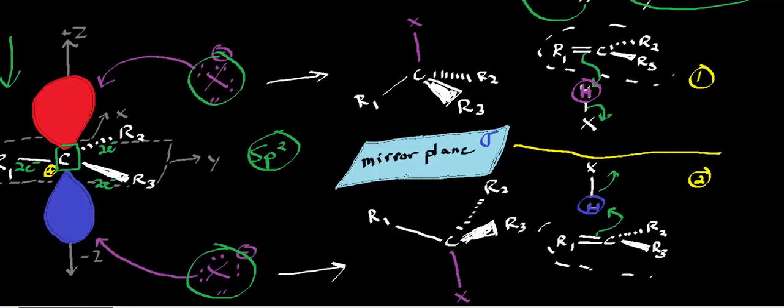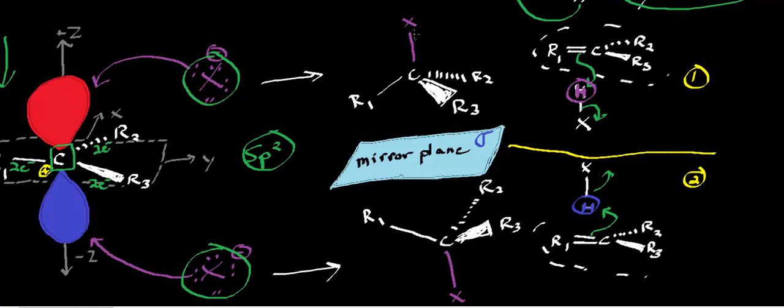When it attacks from the top, you ultimately get the halide attached right there. But if it attacks from the bottom, it attacks right here. Whatever the stereochemistry of this carbon is, say it was R, this carbon down here, because it attacked from the opposite side, would have S stereochemistry.